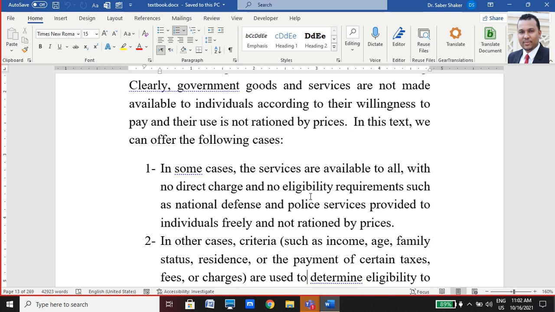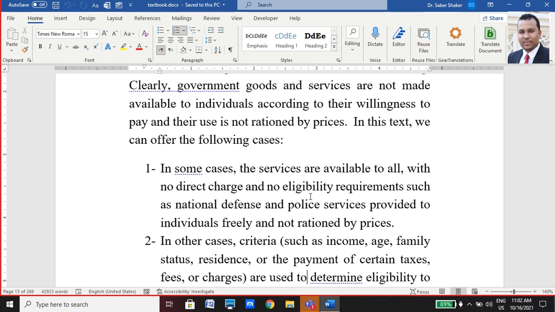So in this case, we talk about pure public services or pure public goods and services. For example, national defense and police services are good examples of pure public goods and services, or pure government goods and services.